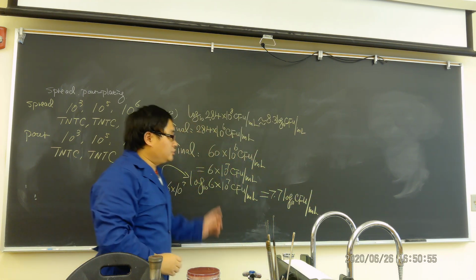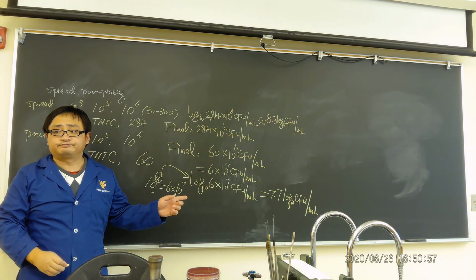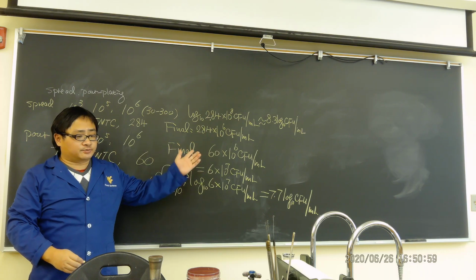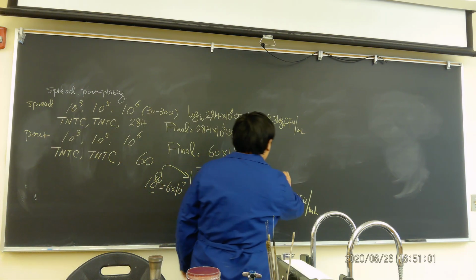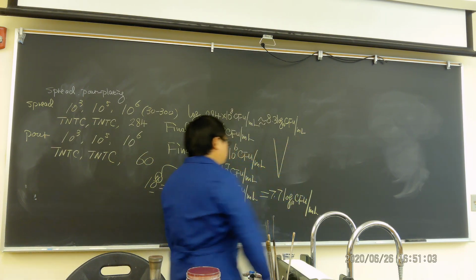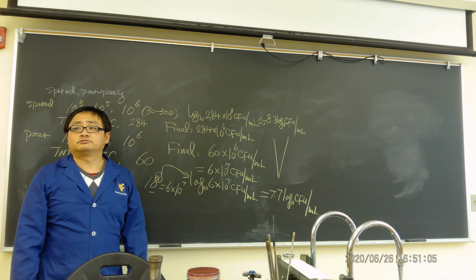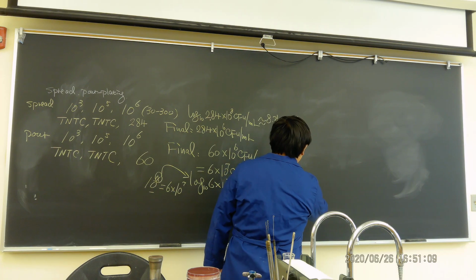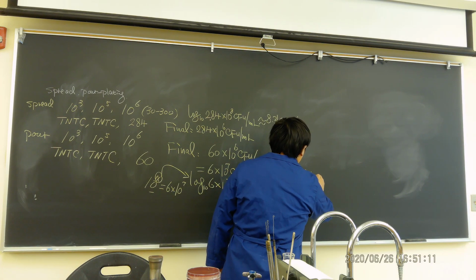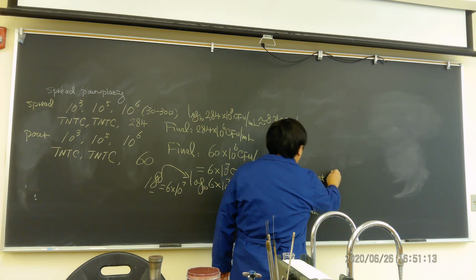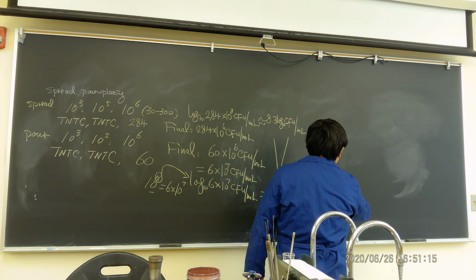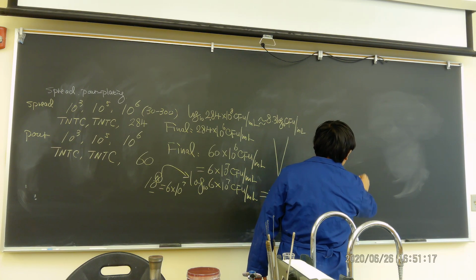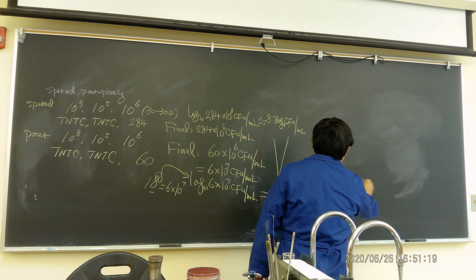Okay, here you will see a result, which is that the number of the spread plating is larger than the pour plating. Did you see it? Why? Because the mild heat of the melted agar could kill bacteria.